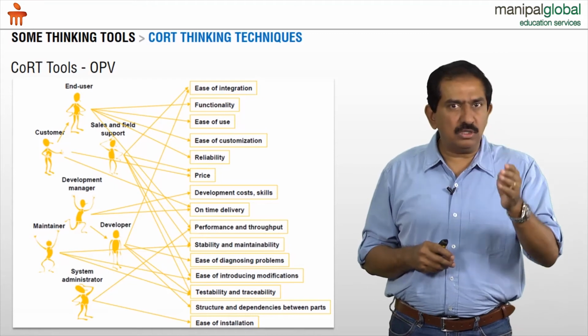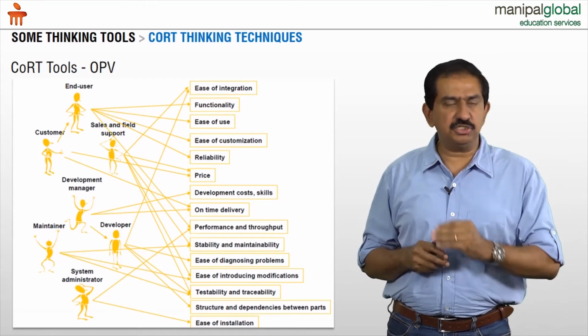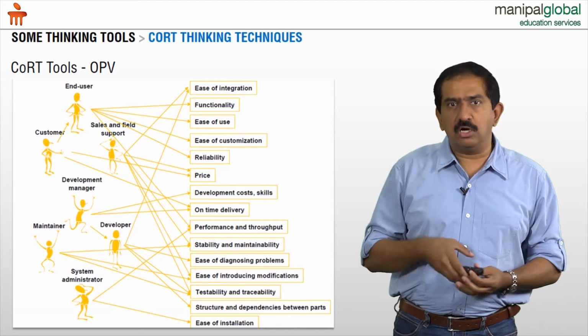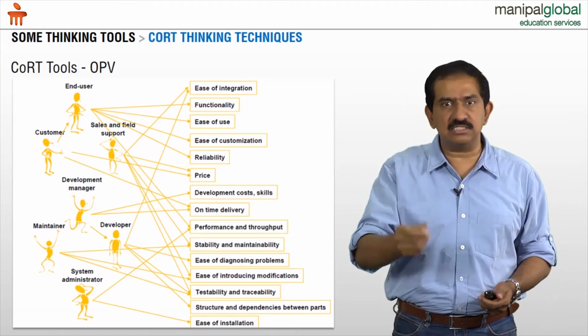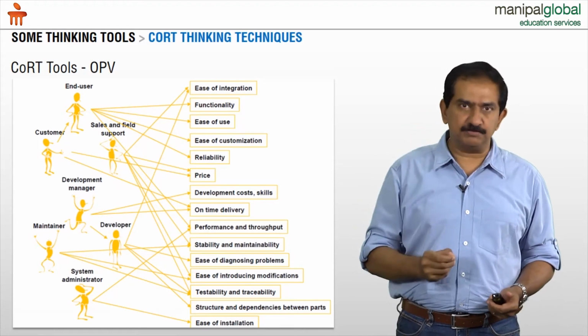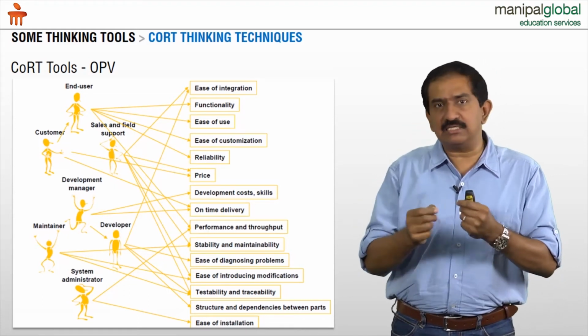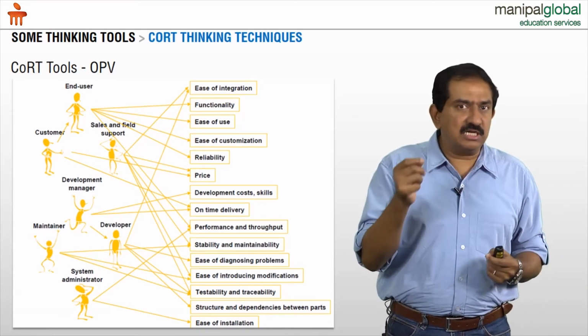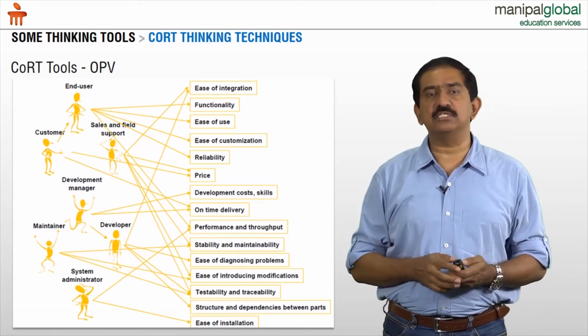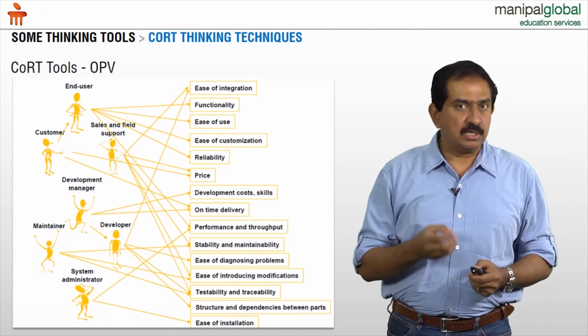Once you have understood all the actors that have a relationship to your system, on the right hand side as depicted in this diagram, you can list down all the characteristics of that system and how each of those characteristics impacts the actor and the relative importance of each of those characteristics to that actor.